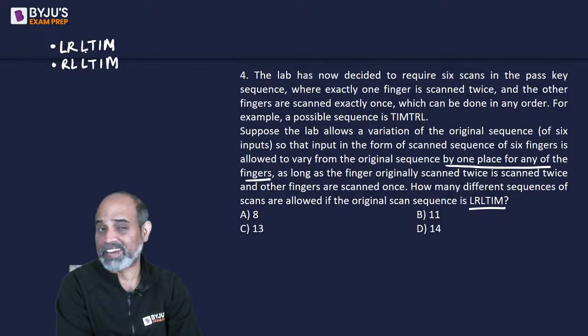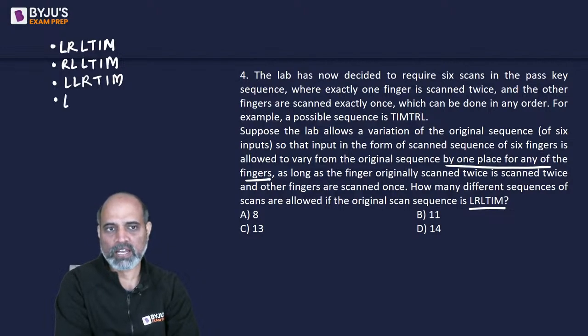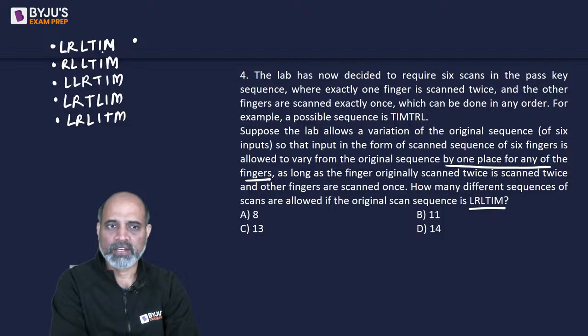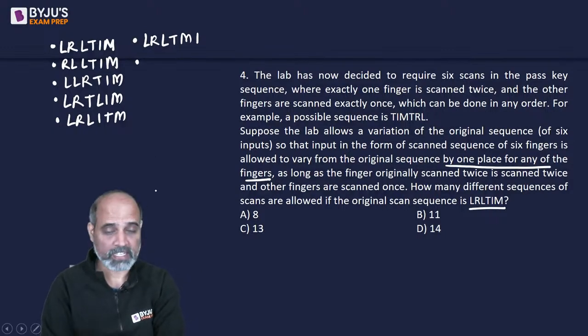If I interchange the next two letters R and L, so I will have L, L, R, T, I, M. Next, if I interchange L and T, so I will get L, R, T, L, I, M. Next, if I interchange T and I, I will get L, R, L, I, T, M. That makes 5, I write 5 here. Next, if I interchange I and M, I'll get L, R, L, T, M and I. Right? So a total of 6 cases as of now.